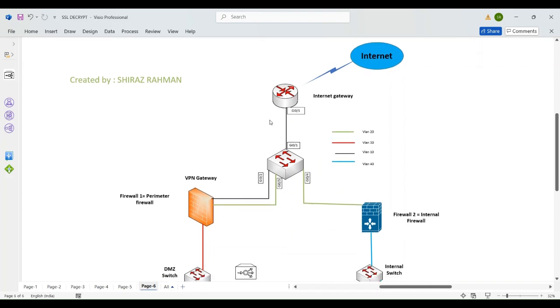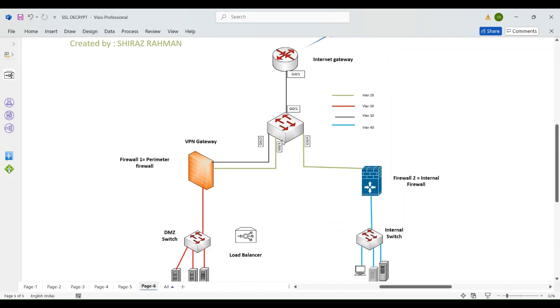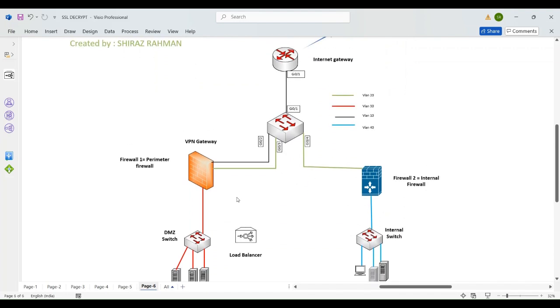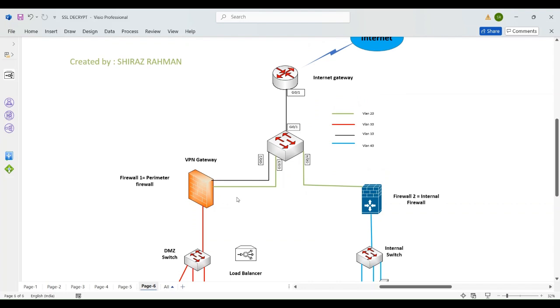Then what comes in your picture? We have a concept called the firewall placement and types of the firewall. So in this video, I'm going to talk about the two types of firewall: perimeter firewall and internal firewall.